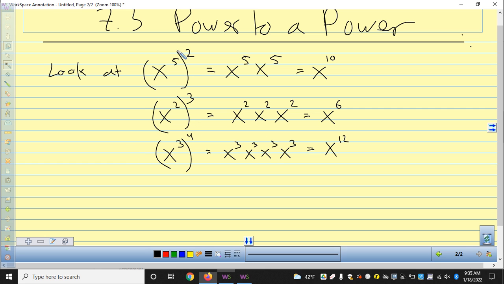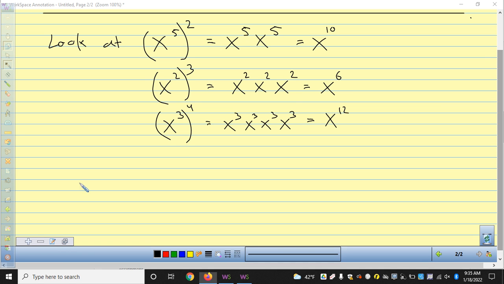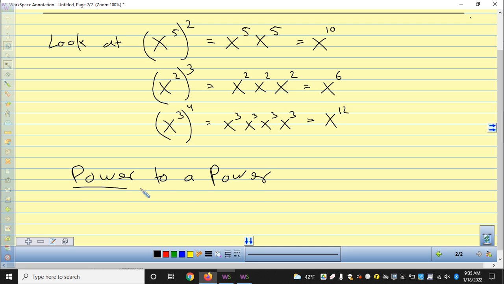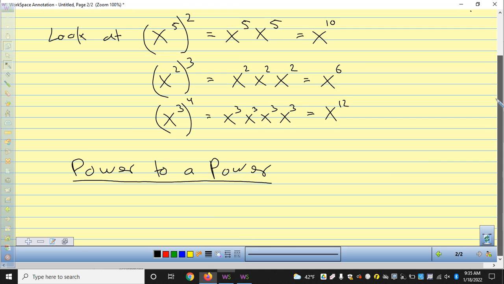So when we have a power to a power, what are we doing to the exponents? We're multiplying. That's going to be our rule for a power to a power. We multiply the exponents.